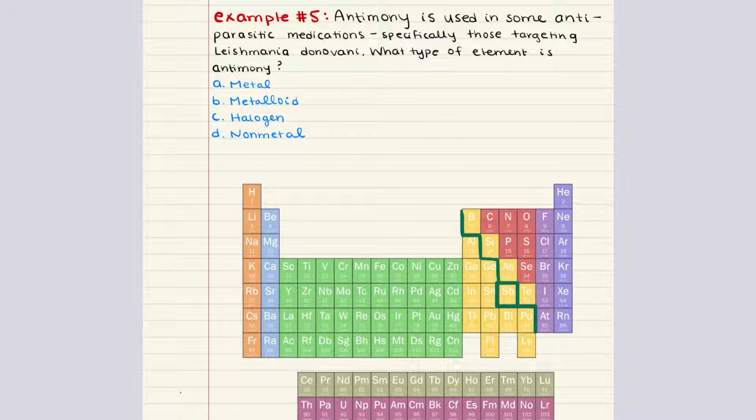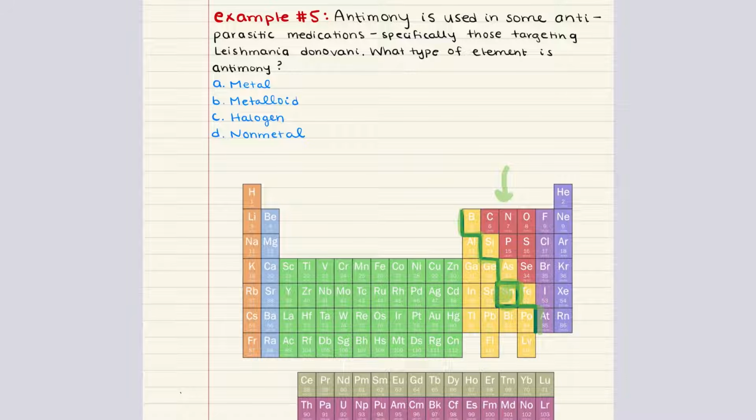Now, antimony is right here on the periodic table. It's in group 15 of the periodic table. Now, when we talked about metalloids, we said that they lie somewhere around this stair step that we drew out here. And we said metalloids are going to be the elements that are near this stair step that we drew in our periodic table.